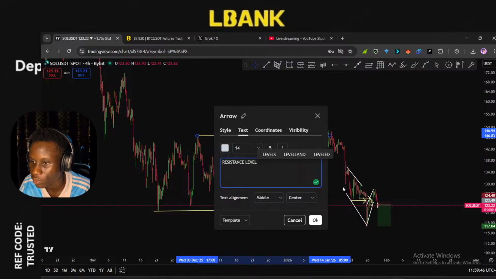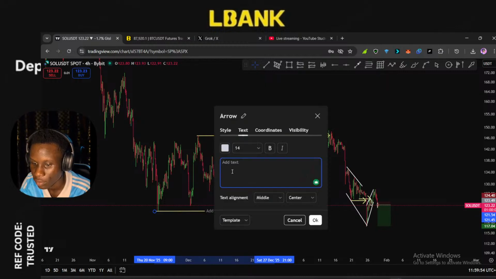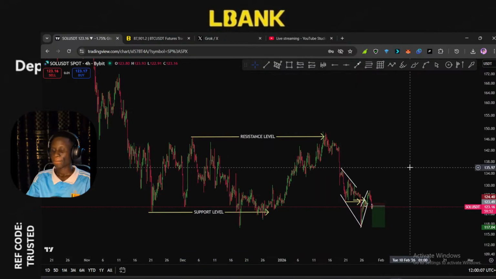Okay, and this is our support level. Yeah, so with what I have just highlighted on my chart now, you can see that we are moving sideways.